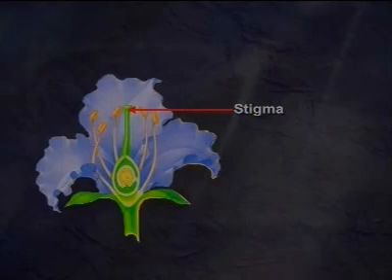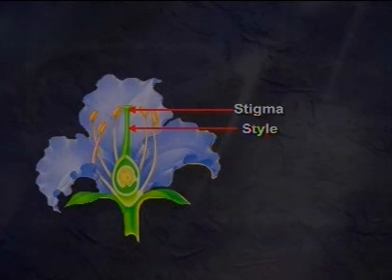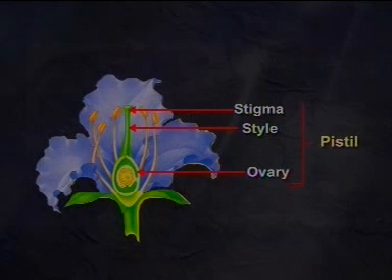The pistil consists of the stigma at the tip, the style, an elongated structure here holding the stigma, then a swollen base called the ovary. So for the pistil, we are identifying the stigma, the style, and the ovary.